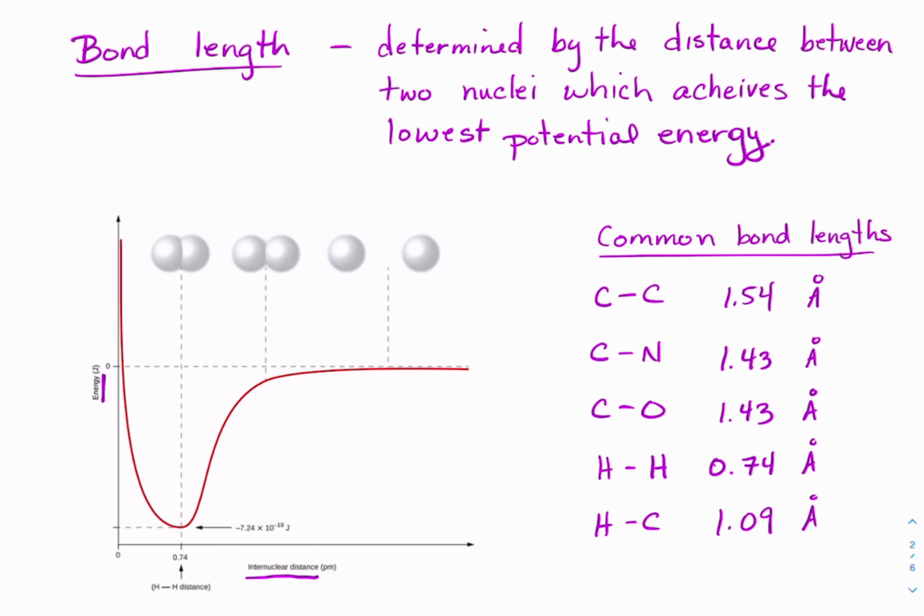In this particular graph, they're showing the distances between the nuclei of two hydrogen atoms. When the nuclei of the two hydrogen atoms are pretty far apart, shown in this portion of the graph, the potential energy tends to be on the scale of 0.